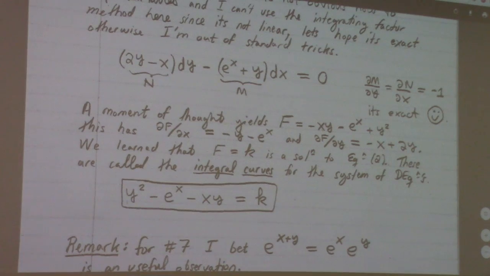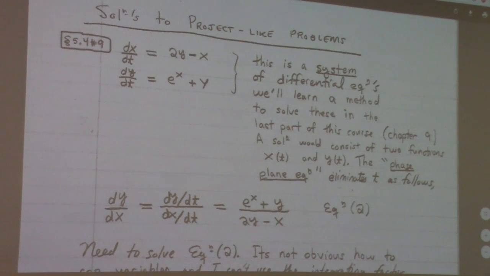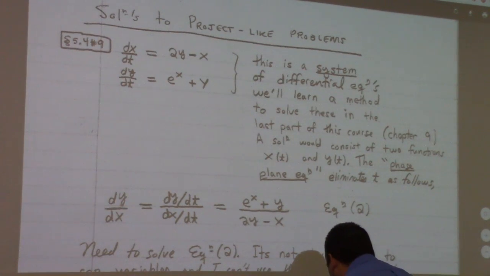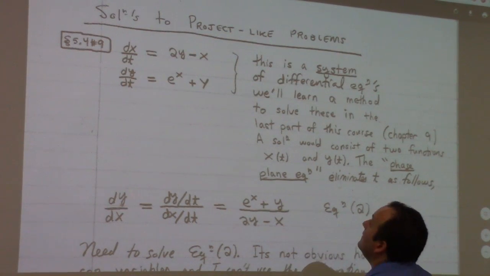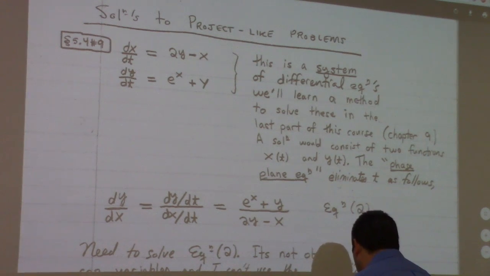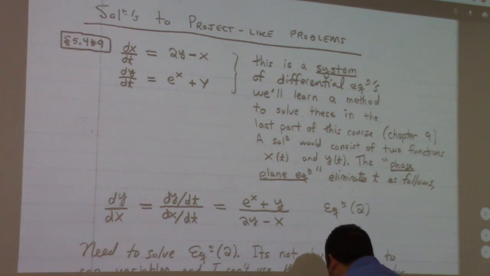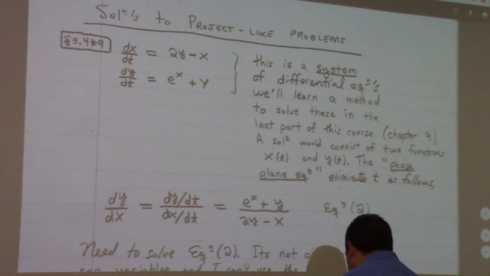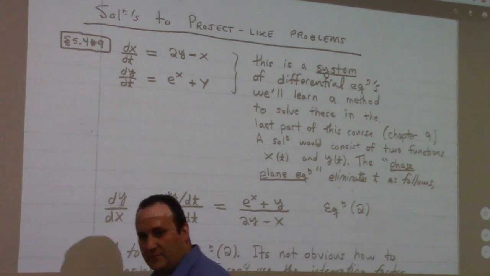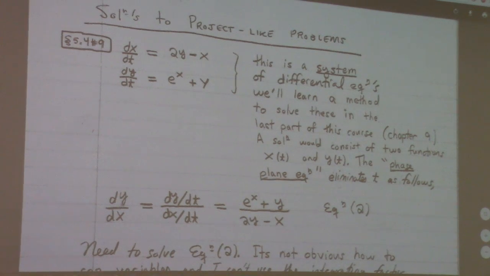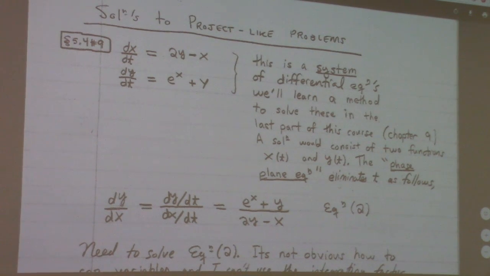Now, okay, so let me just second here. So we're looking at, what is this? X prime is 2y minus x, y prime is e to the x plus y. All right. Let me go a step further than my solution. Let me show you. There's great websites these days to help you with qualitative analysis.